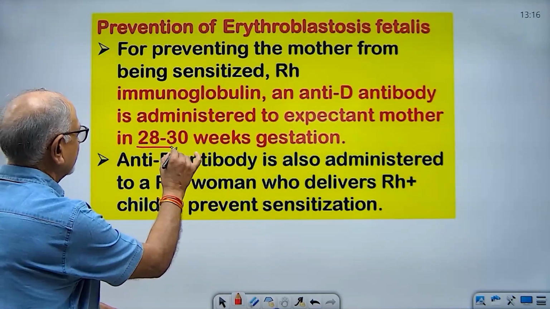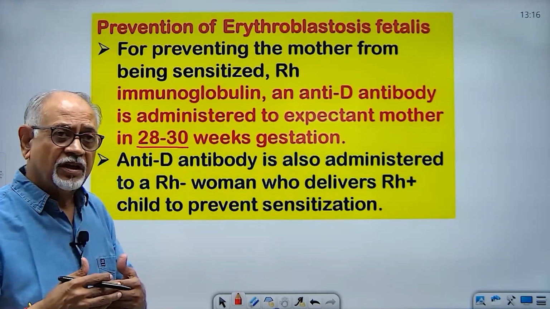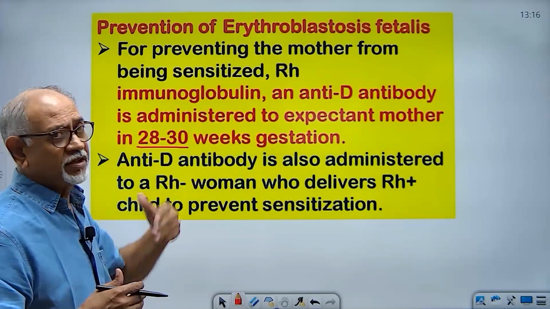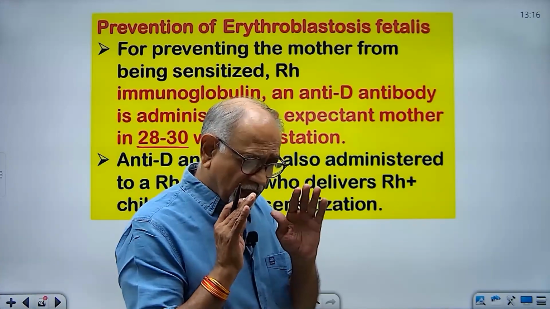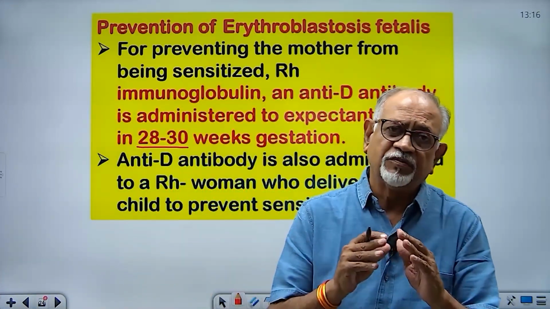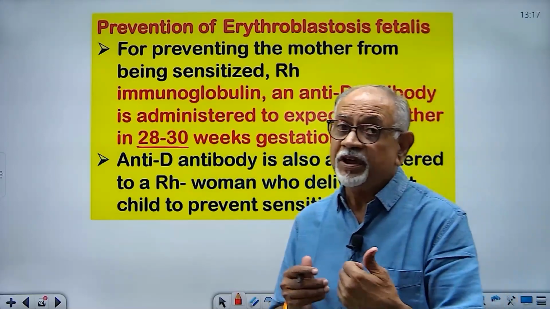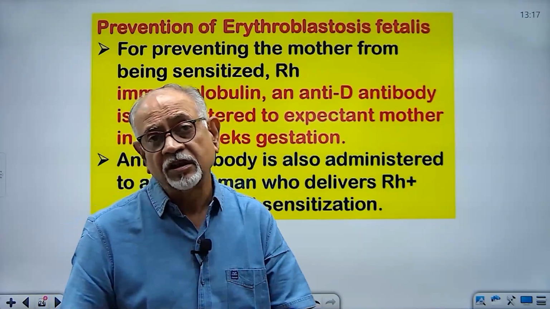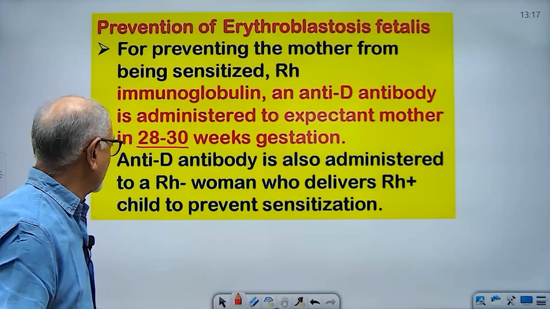That means if the mother is having anti-D antibody, then when the Rh positive cells of the fetus enter into the circulation of the mother, they will be immediately destroyed, and the mother will not learn how to produce anti-D antibodies.